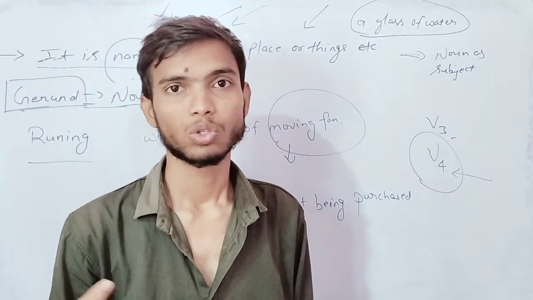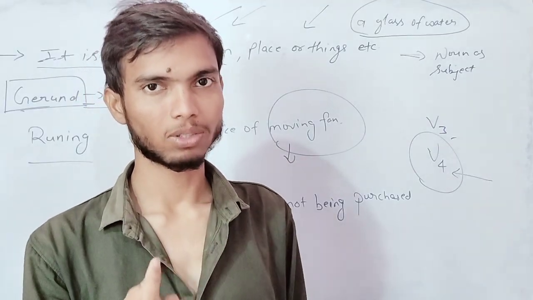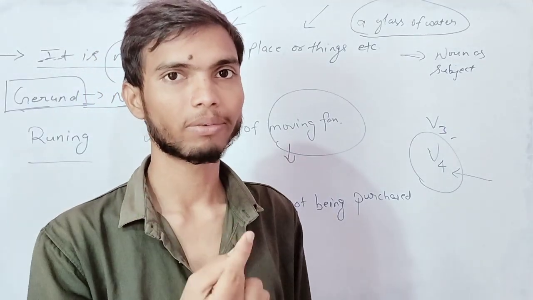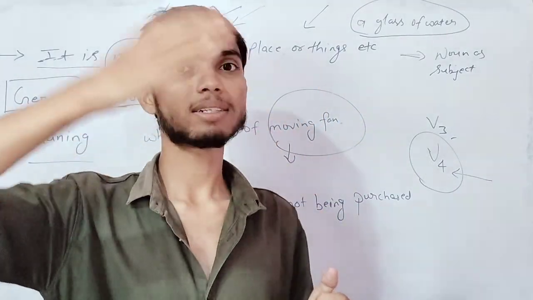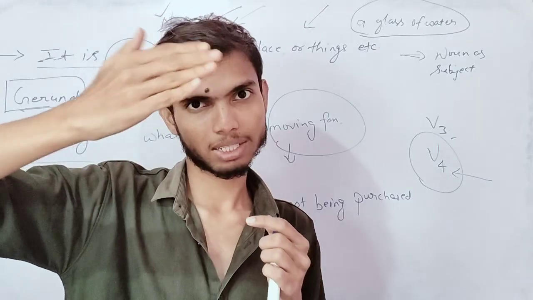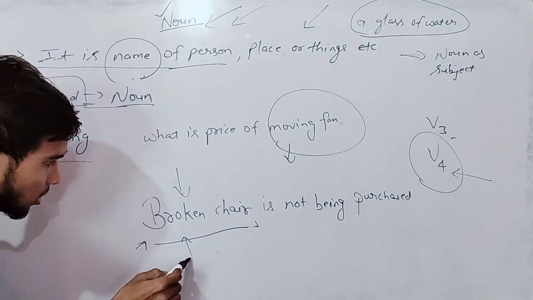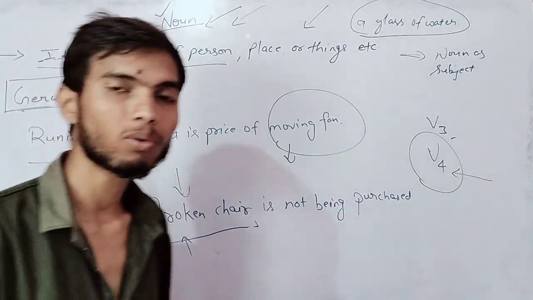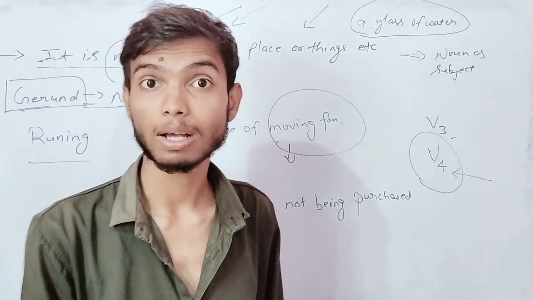Okay, so it is running. Fan is running. Fan is moving. We are not saying fan is moving, we are saying moving fan. Something is in motion. For example, chair was broken.